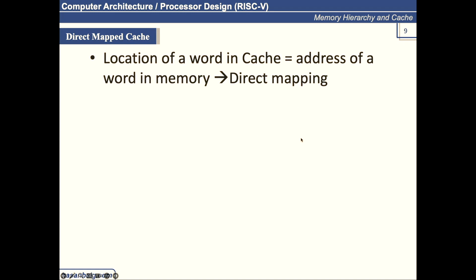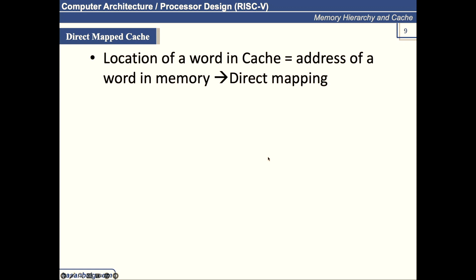So the simplest way to assign a location in the cache for each word in memory is to assign the cache location based on the address of the word in memory. Okay. So whatever the address location of a word in the memory, it will be assigned the same address in the cache. It's called direct mapping.